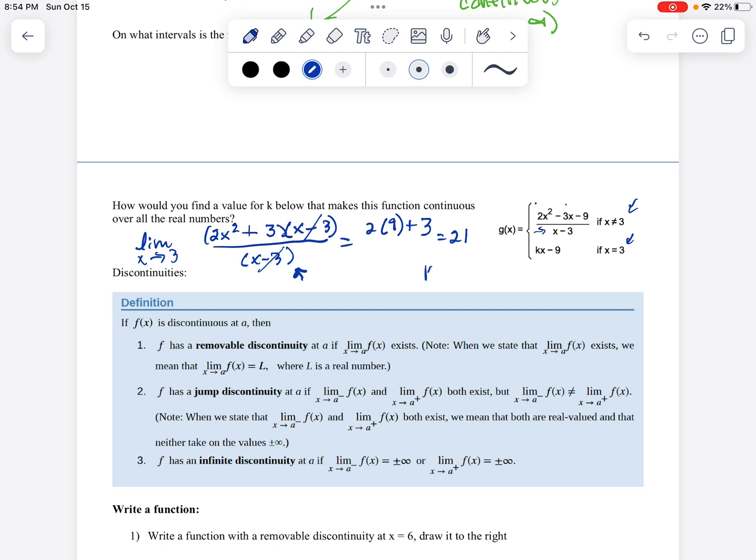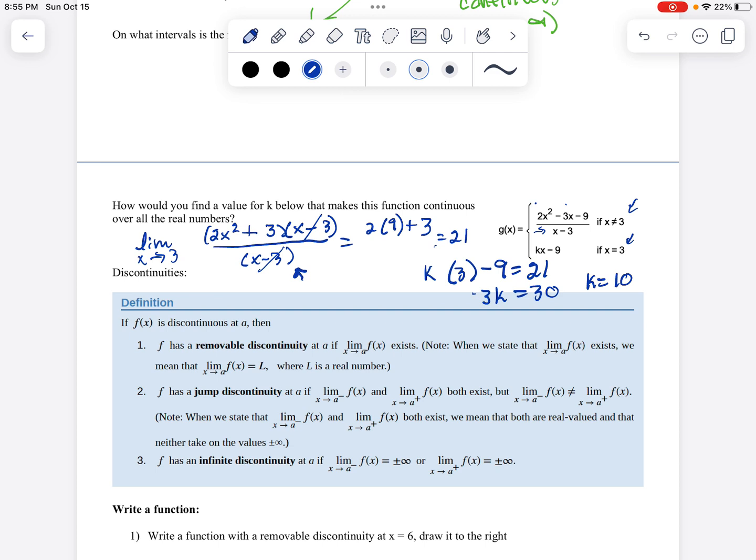So in other words, k times 3, minus 9 has to be 21 to fill in that hole. So I'm going to go ahead and add 9. So 3k equals 30, and my k would have to be 10. So if my k is 10, then this would be continuous. If it's not 10, then the value of the function here would not fill up that hole, would not give us that 21.